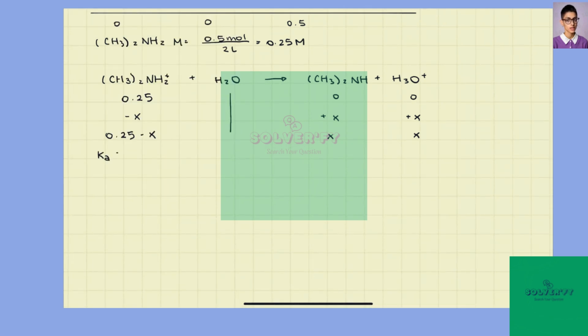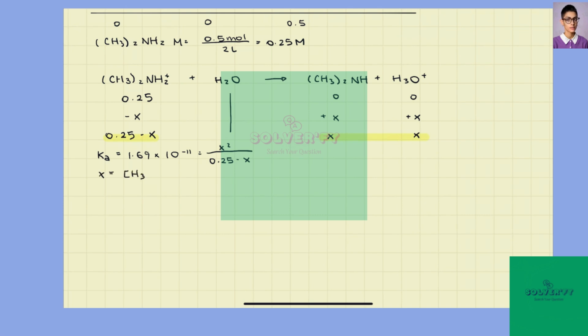We know that our Ka value is given here. That is equivalent to x squared over 0.25 minus x, where the products are over the reactants, which gives us our Ka value. From this, we can put this equation in our calculator and solve for our value for x.